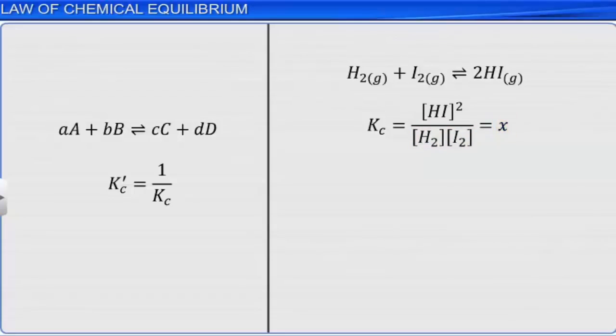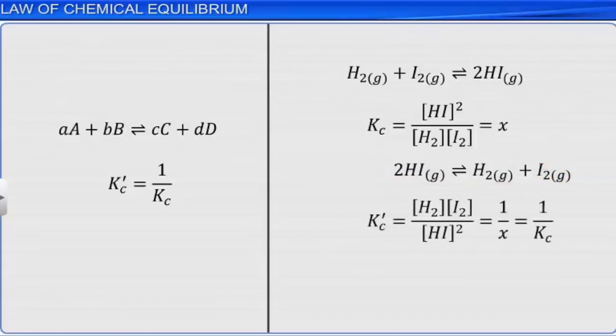Now, the equilibrium constant for the reverse reaction, hydrogen iodide disintegrating to form hydrogen and iodine, is written as K'c equal to the product of the concentrations of hydrogen and iodine divided by the concentration of hydrogen iodide raised to the power of 2.